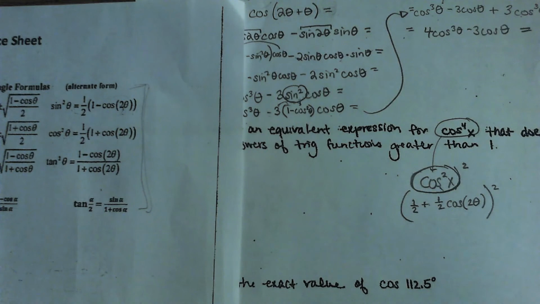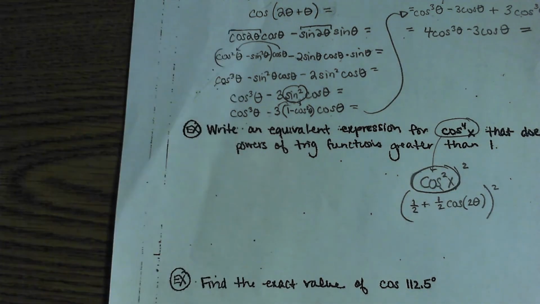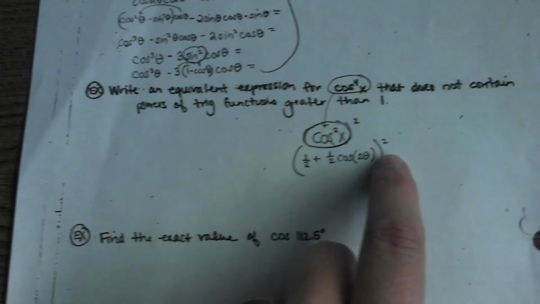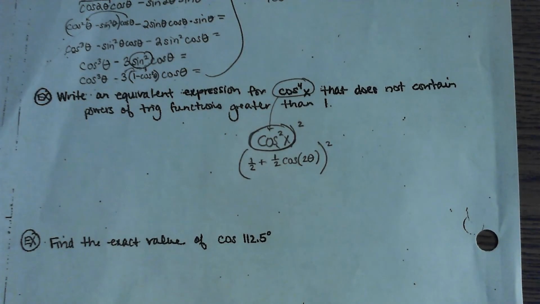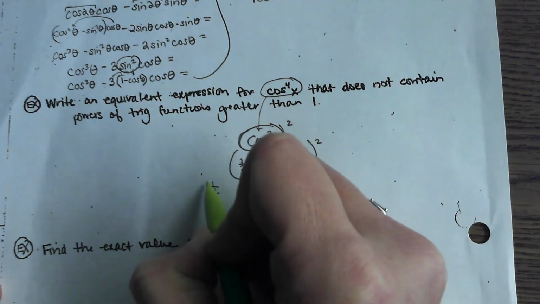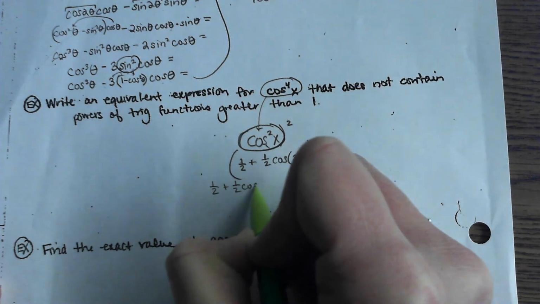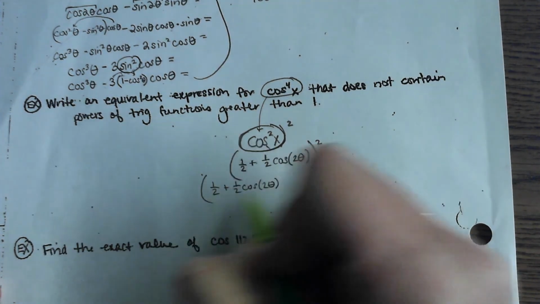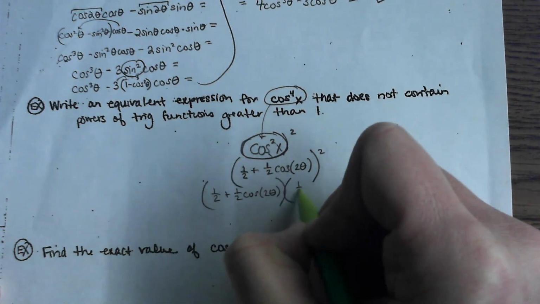And so I've gotten rid of one of the exponents by doing that. I still have a power there, though. So I'm going to FOIL this out. So I'll really expand it so I don't lose anybody. I'm taking this binomial and I'm multiplying it by itself.